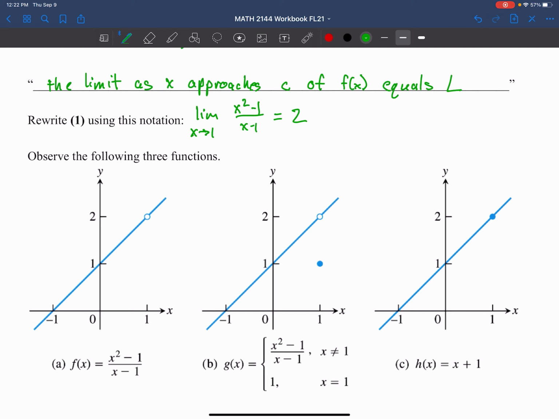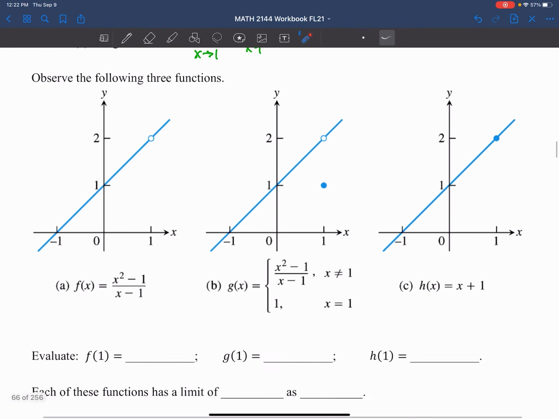These are three different functions: f of x, g of x, and h of x. Notice they're each a little bit different in how they're behaving at 1. In this first case, f of 1 is undefined. So I should technically just say f of 1 is undefined, or I'm going to just put und for short.